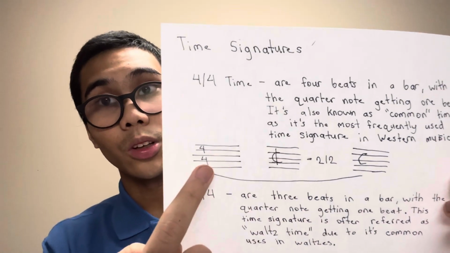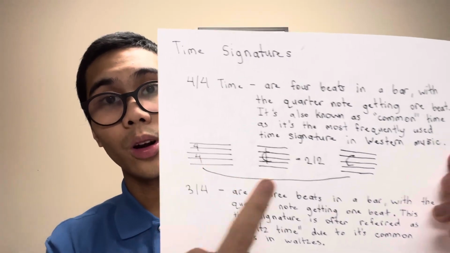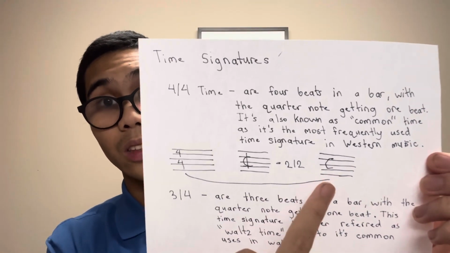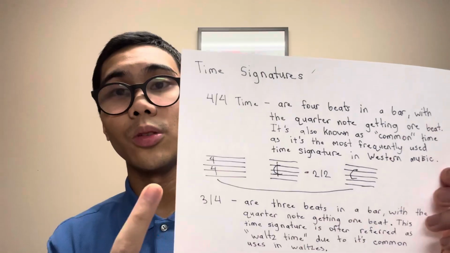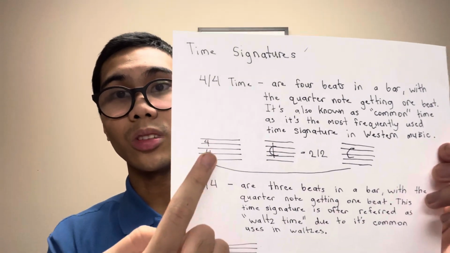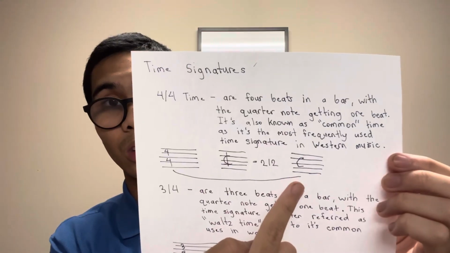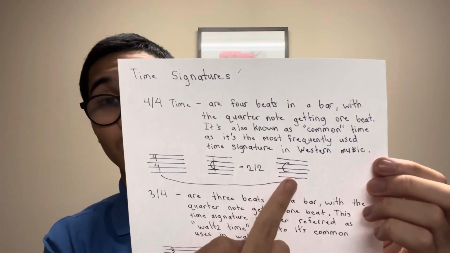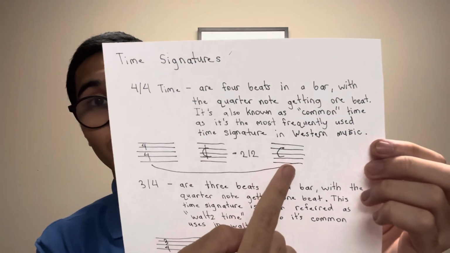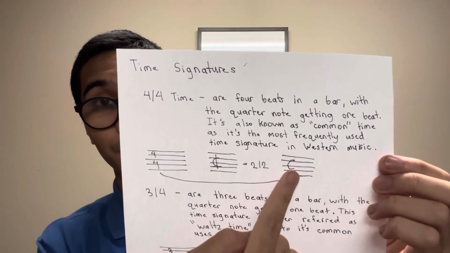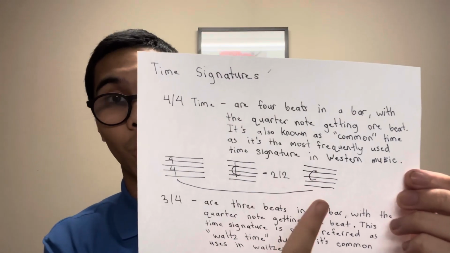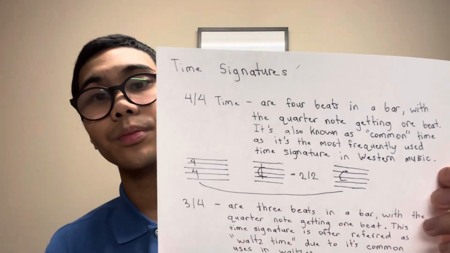I want to let you know that the 4/4 and the C are the exact same. So whenever you read a piece and you don't see the 4/4 time signature and you only see this, just remember that they're the same.